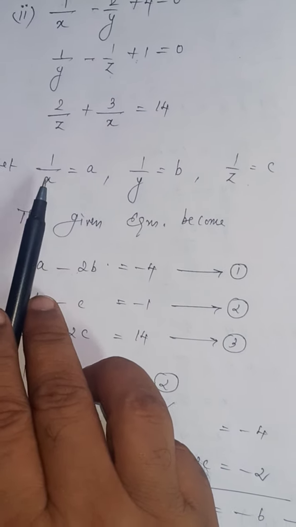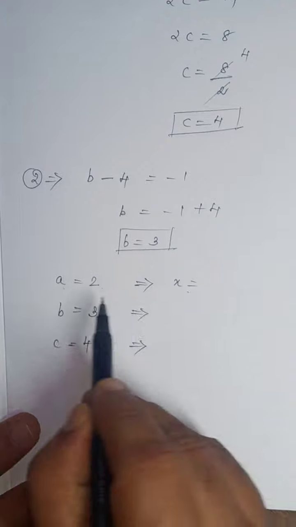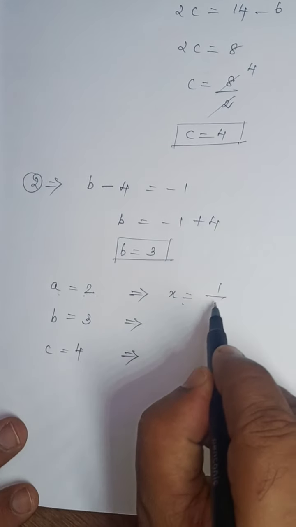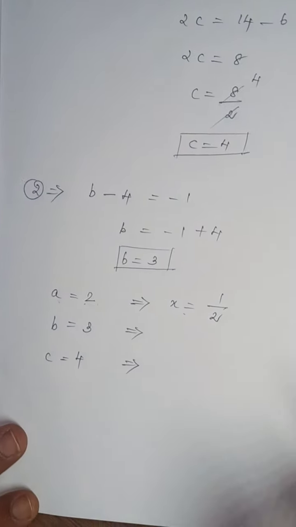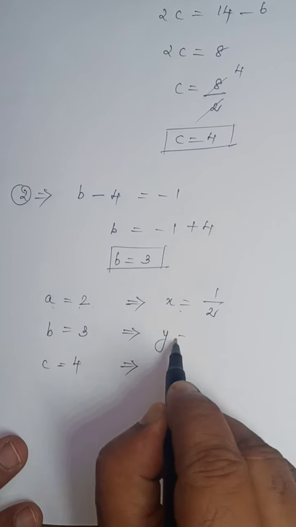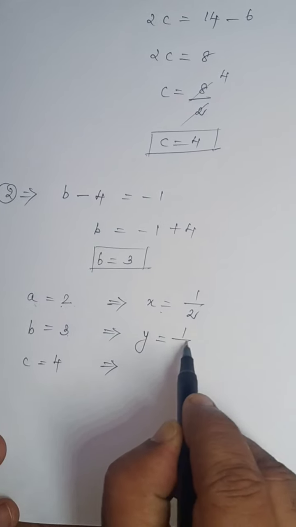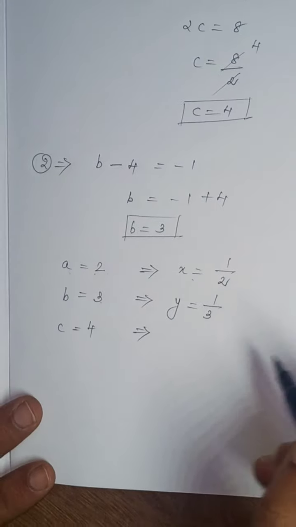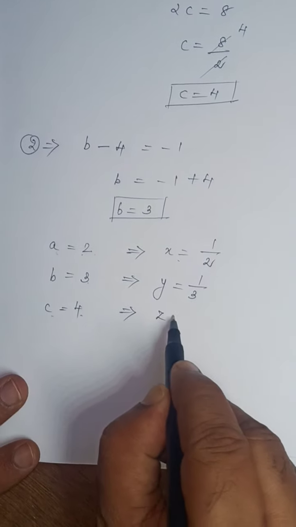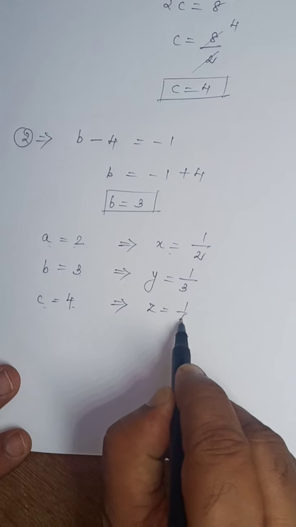The reciprocal of x is a, so the reciprocal of a is x. a equals 2 means x equals 1 by 2. What is the reciprocal of 2? 1 by 2. Like that, y is the reciprocal of b. That is the reciprocal of 3. What is it? 1 by 3. And c equals 4 means z equals the reciprocal of 4, which is 1 by 4.